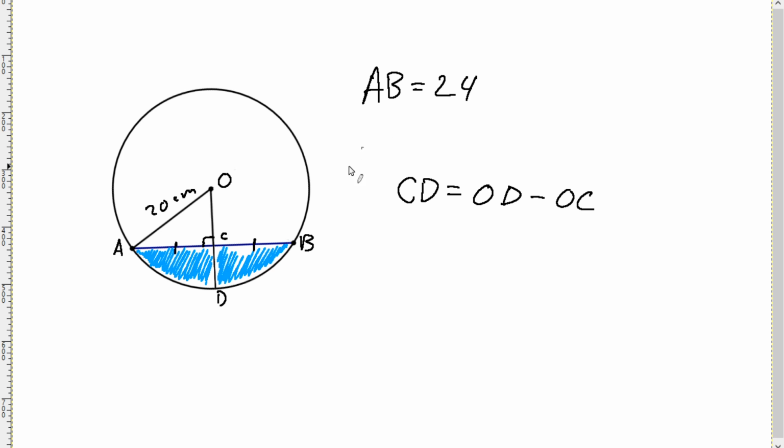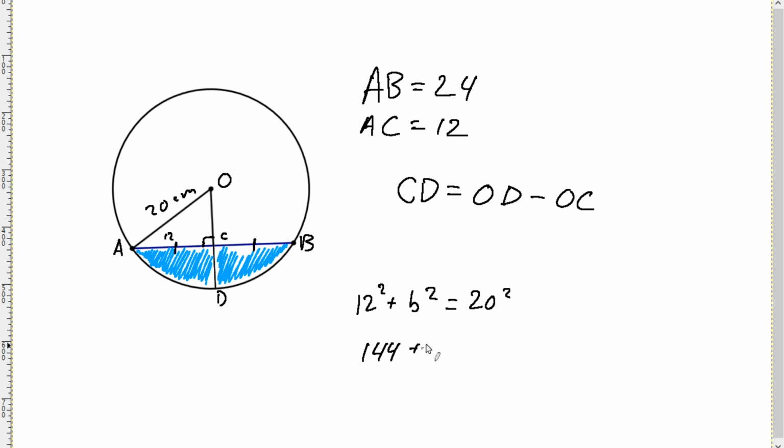And we're looking at AC equaling 12. So if we take Pythagorean theorem, right, if we say this is 12, we have 12 squared plus b squared equals 20 squared.